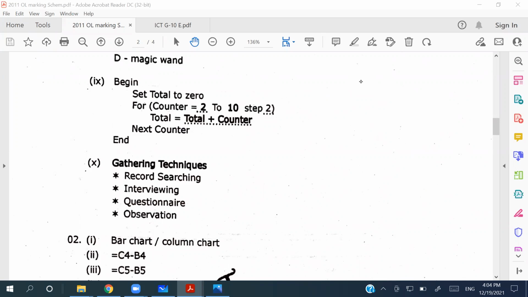Yes, Sarana, are you asking about the 9th question? If you say step as 1, then you are only going to take 1 mark only. Anetra, that's good. That's a very good mark, Anetra.